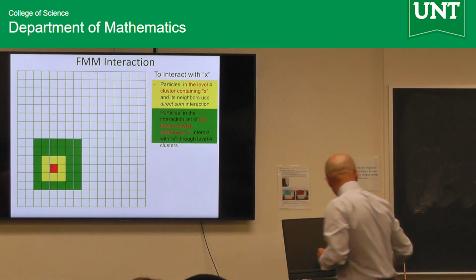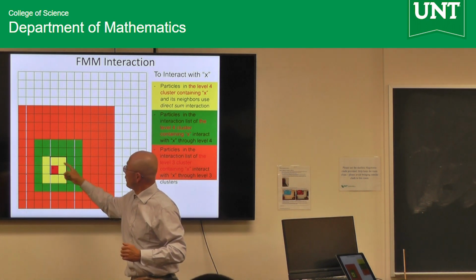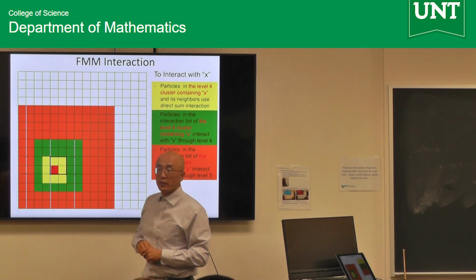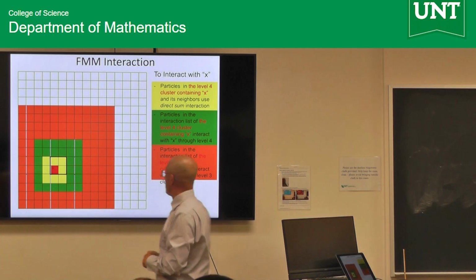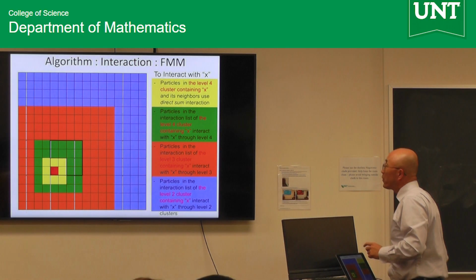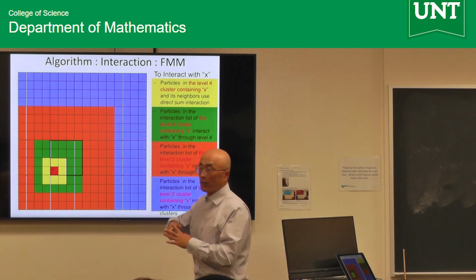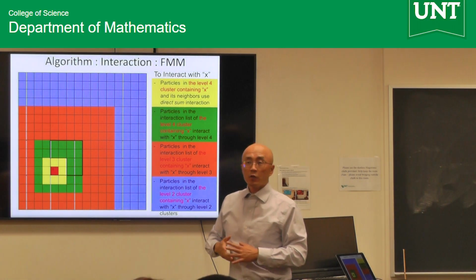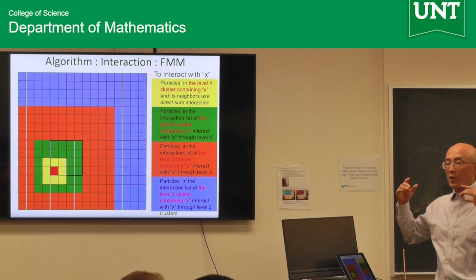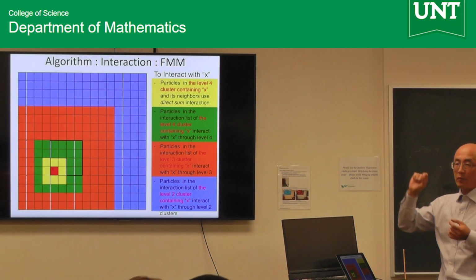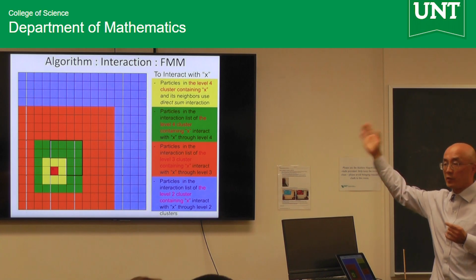Then I go one level up. If I make this black one here, the interaction list is all the orange ones here. And then I go another level up. For this one here, the interaction list will be all the blue ones. So I use this interaction list to explain how the particle at X interacts with the entire space.